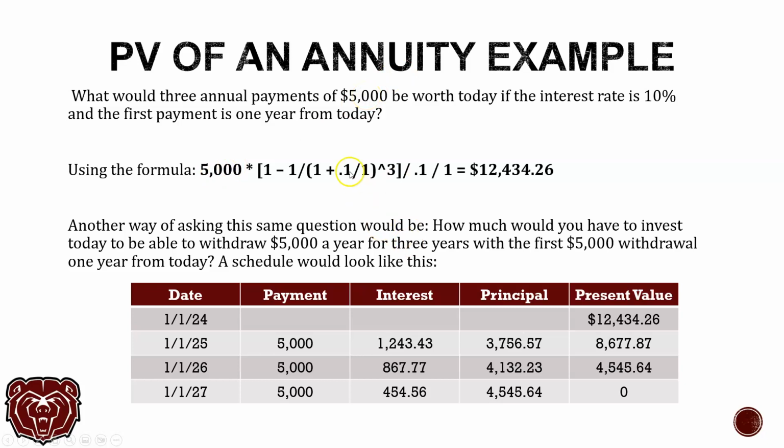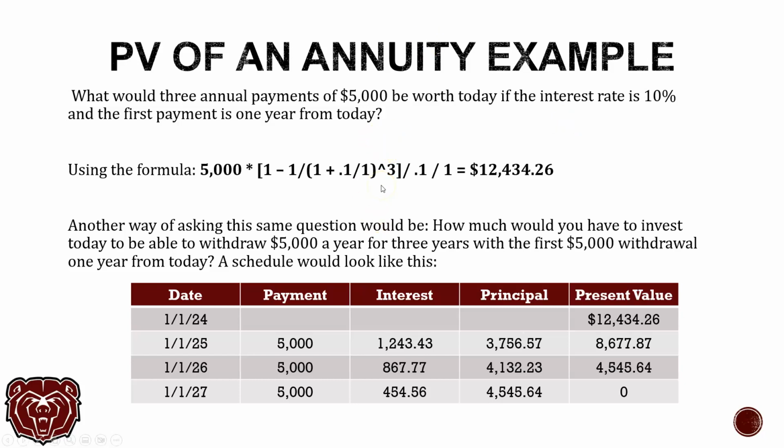Okay, you've got your interest rate of 10 divided by the number of compoundings per year, which is 1, to the third power, which is the total number of compoundings, and then you're going to divide those out. You will see that you would have to invest $12,434.26 today to be able to withdraw $5,000 a year and end with $0 in the account.